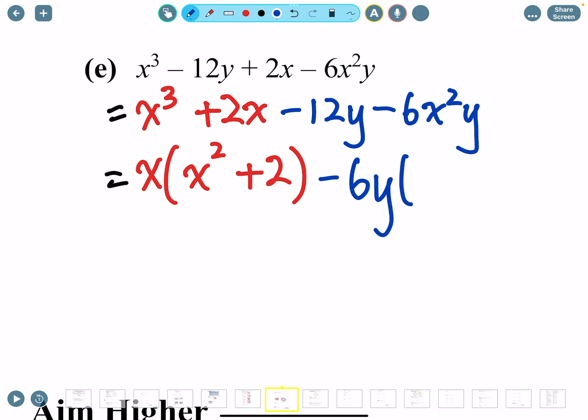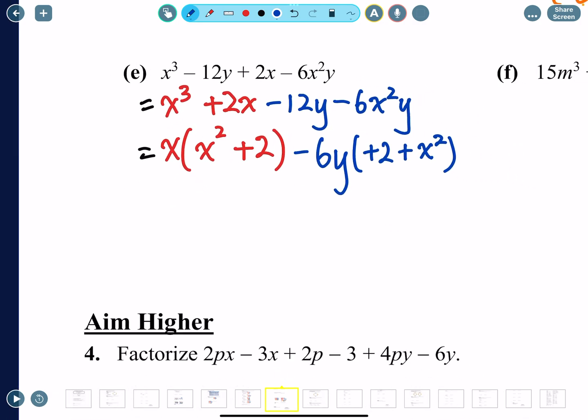So when you take out the negative from negative 12, it becomes positive 12 divided by 6 is 2. If you take out a y, no more y. And then again, negative 6 becomes positive. I mean positive 6 divided by 6 is 1. So basically no number there. x squared is not factorized out, so we just write it down.